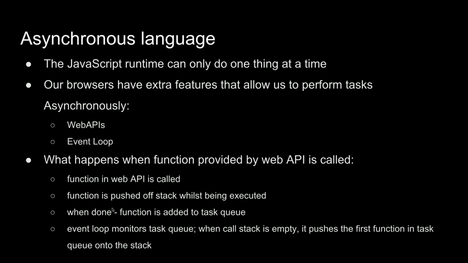When it's done, my function is added back to my task queue. Then my event loop, which monitors the task queue, pushes my function back into the stack when done. And then, of course, promises and async await, which we just looked at.